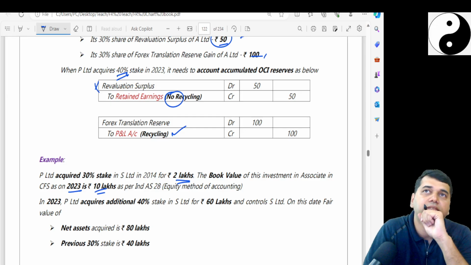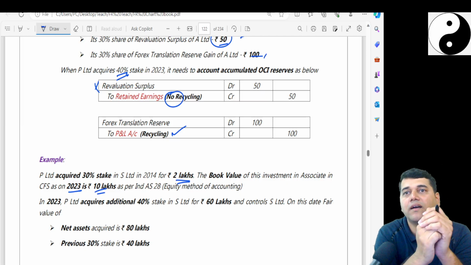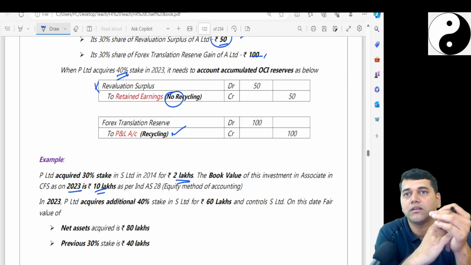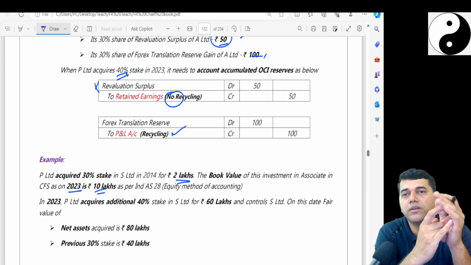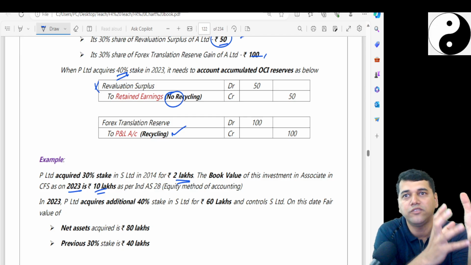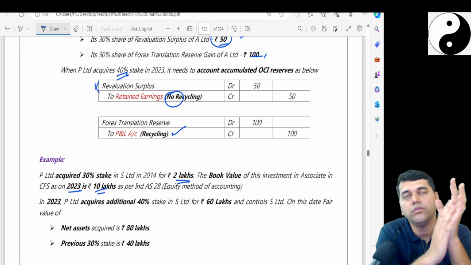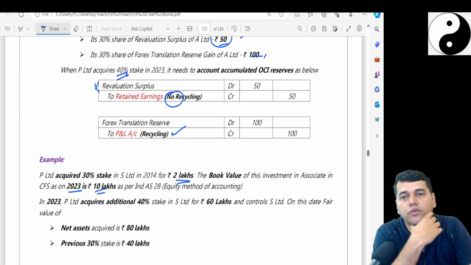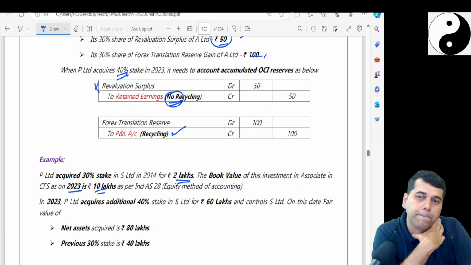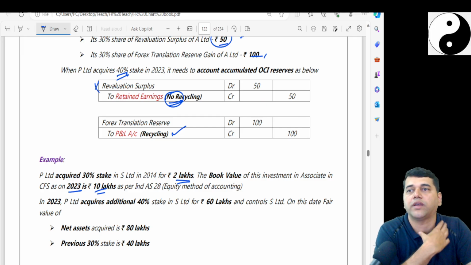Okay, I can say something like this. Your assets, whatever gains you get. Your question is why it is not recycled.